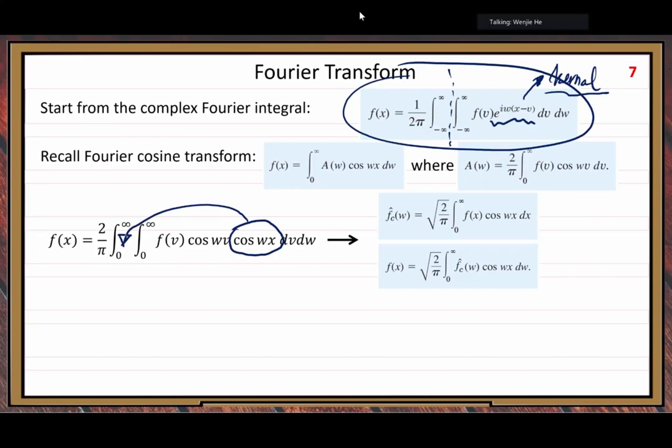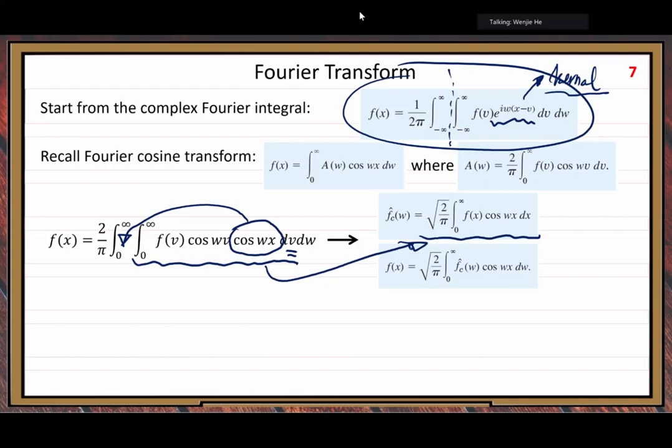Because in the integral we use the dummy variable v, and this term has nothing to do with the v variable, we can move it out of the inner integral. After we move it out, this inner integral part corresponds to the Fourier cosine transform.